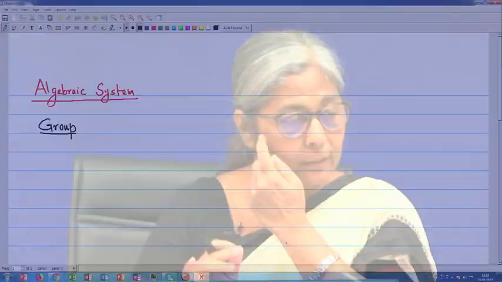The semigroup and the monoid that we have defined satisfy the closure property and the associative property, and if the identity element exists, then it is a monoid, otherwise it is a semigroup.